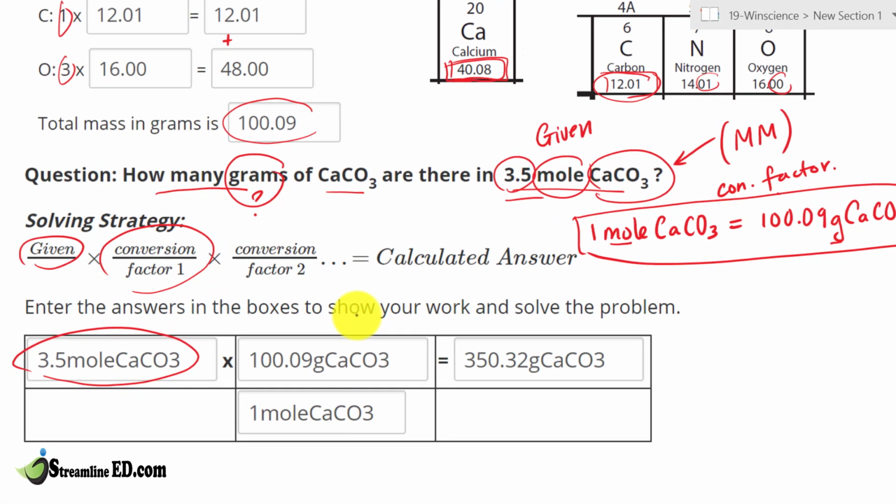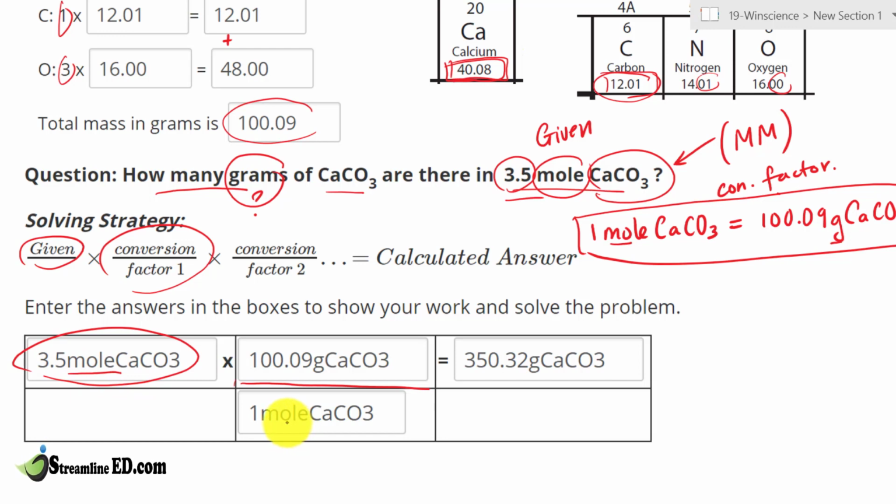Now, if we look at our conversion factor, we have 2 sides to the conversion factor. One has the unit mole, and the other one has the unit grams. So if we multiply, the question is, which one goes on the bottom? Well, think of this like a fraction. We are multiplying by this fraction right here. In this case, that is the unit moles of calcium carbonate.